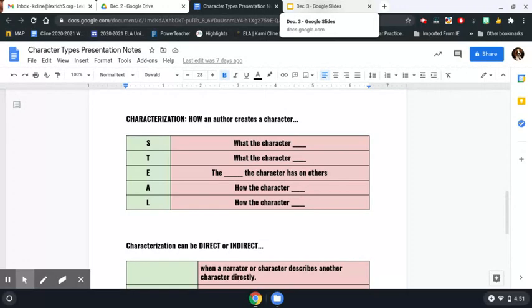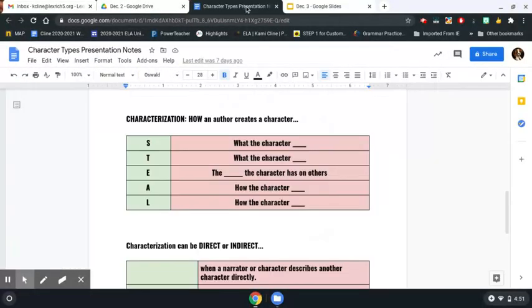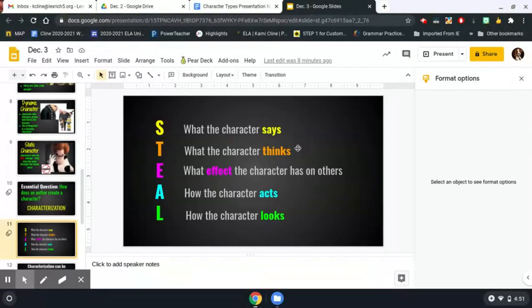So we're going to take a look at a little acronym called STEAL, S-T-E-A-L. The S stands for what the character says. So in your notes, go back and type the word says. Says starts with an S. The T stands for what the character thinks.